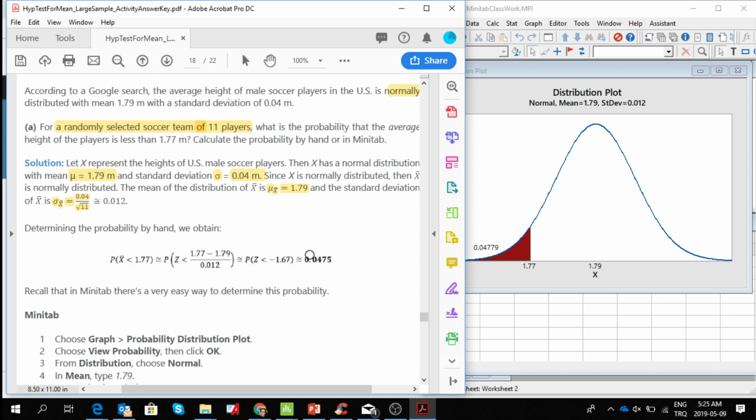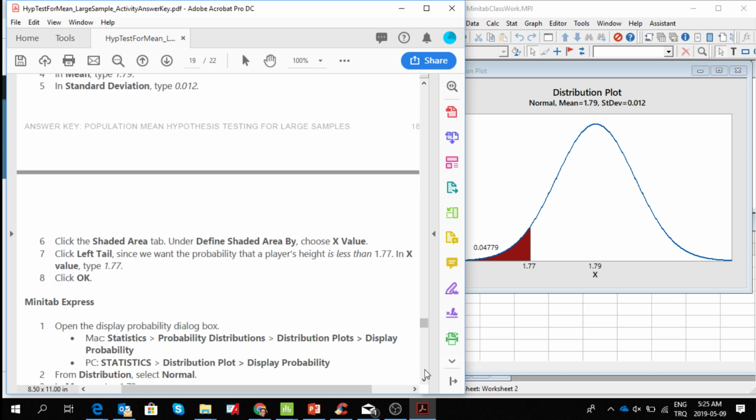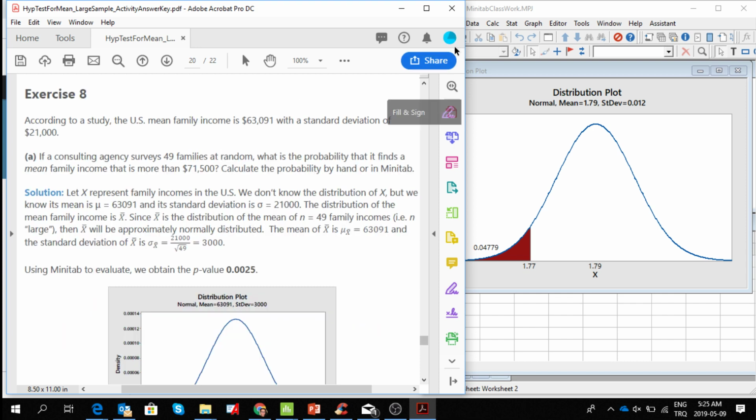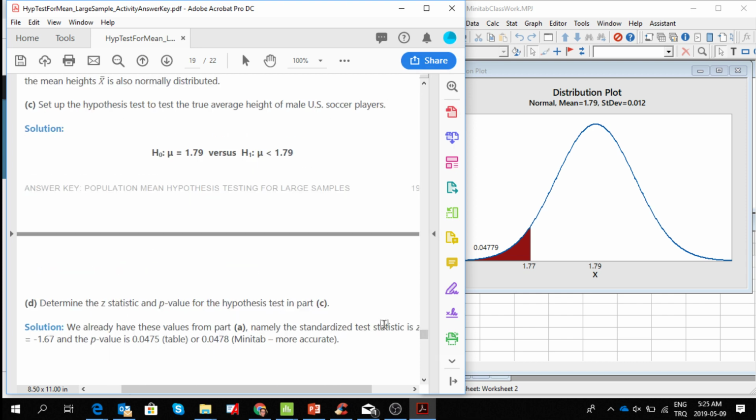And then what's the p-value? This is the p-value. The p-value definition is the probability of X bar less than the required 1.77. So we already found the p-value. We don't need to do anything else. That's it. This is the end of the question.